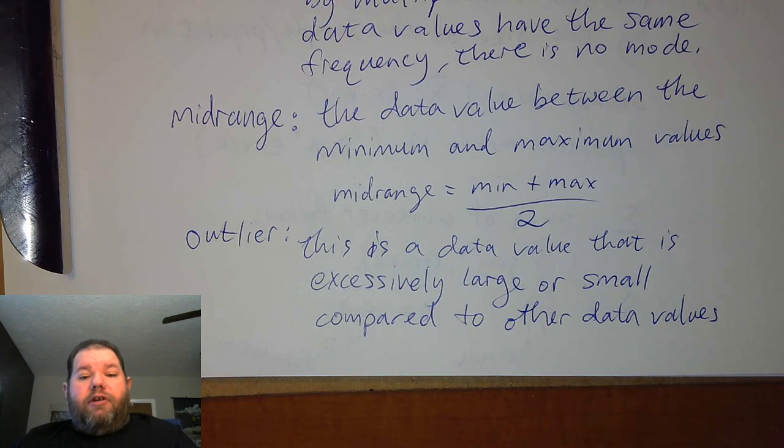That would be considered an outlier in that scenario. One person who is excessively taller or shorter than everyone else. The same goes with age. If we have one student, most of our students are traditional, and we have one student that's non-traditional, then they would be considered an outlier in that class, if they're quite a bit older than the rest of the students.